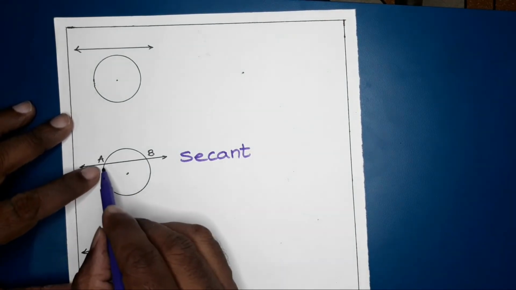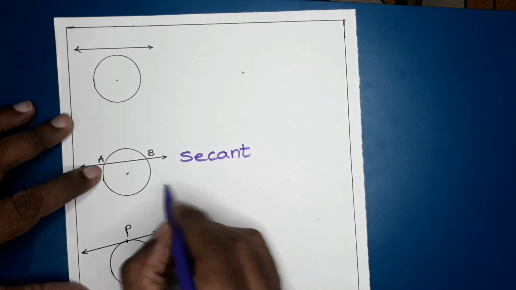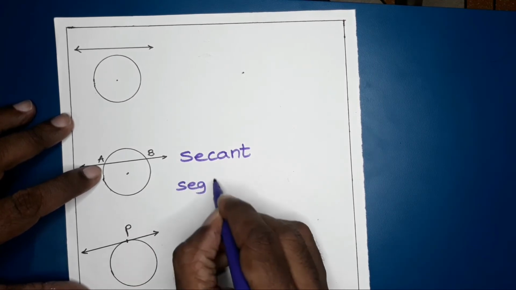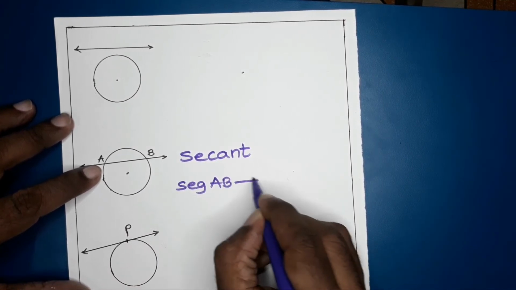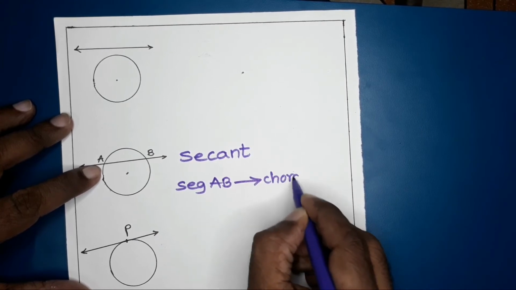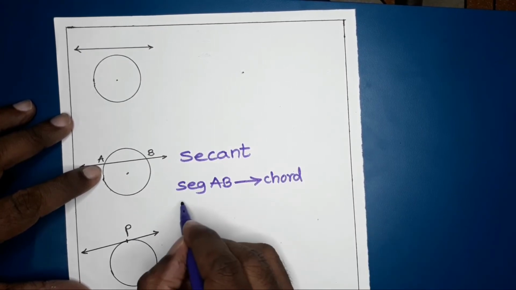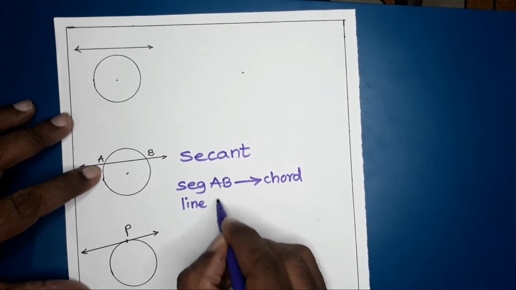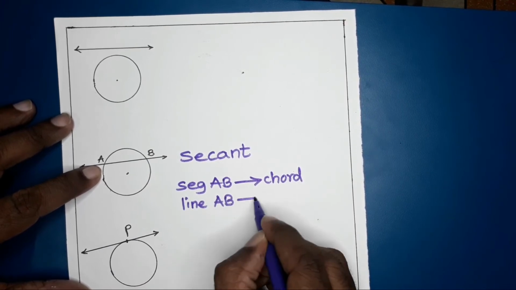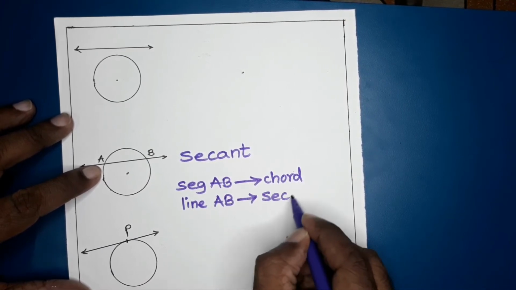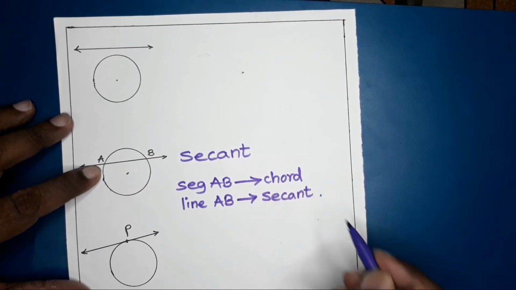Remember friends, if I call it segment AB, then it is a chord. But if I call it line AB, then it is a secant.